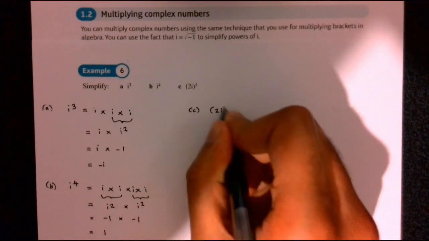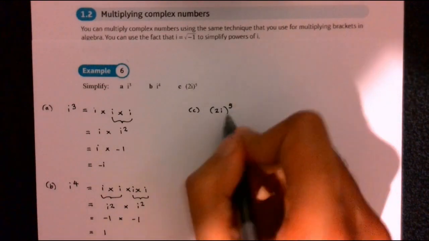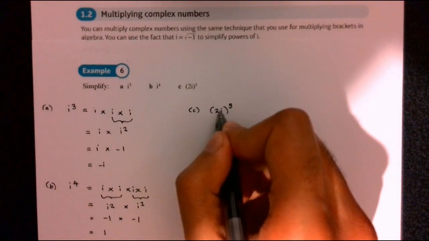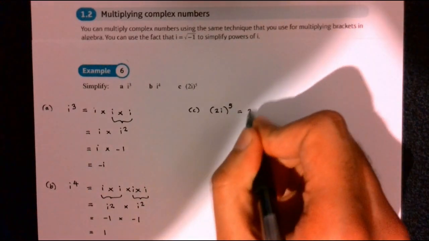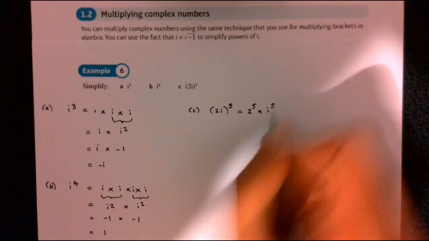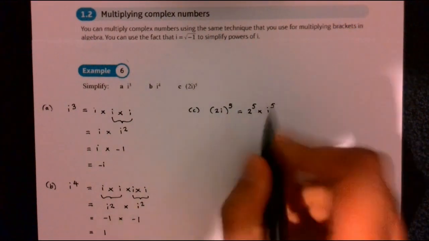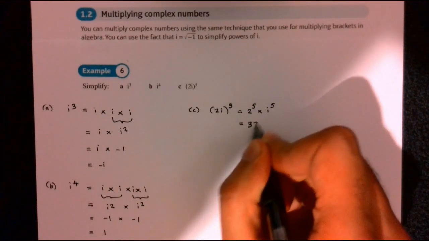Now for part C, we have 2i to the power of 5. And using the laws of indices, everything in the bracket is raised to the power of 5. So we have 2 to the power of 5 multiplied by i to the power of 5. Now, 2 to the power of 5, that's 32.